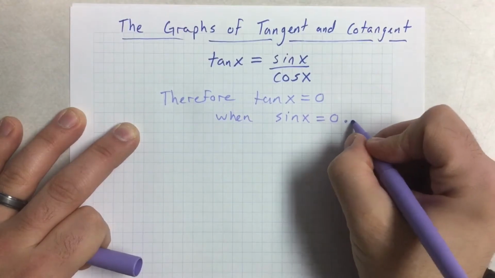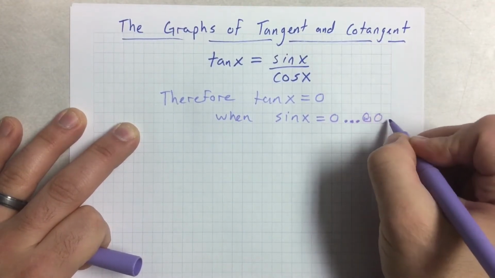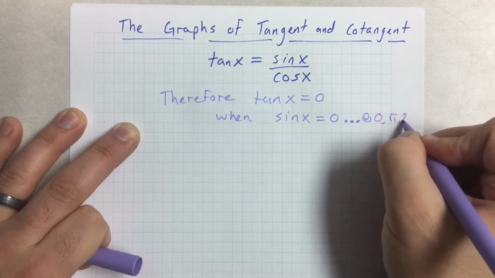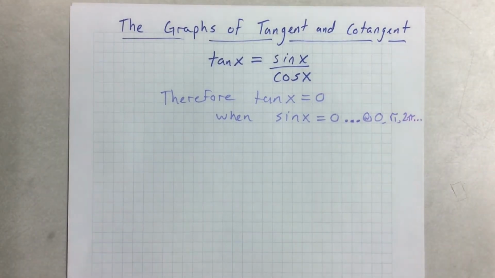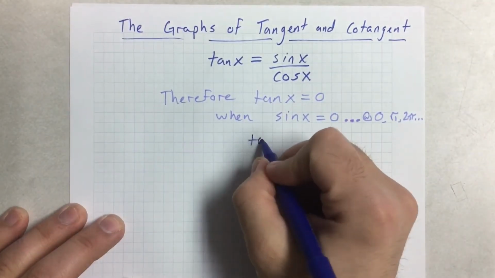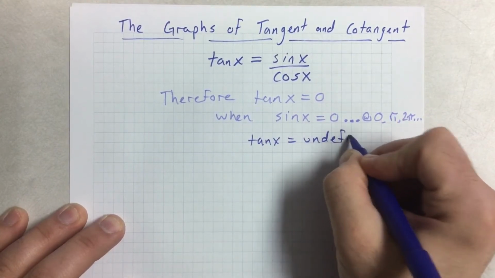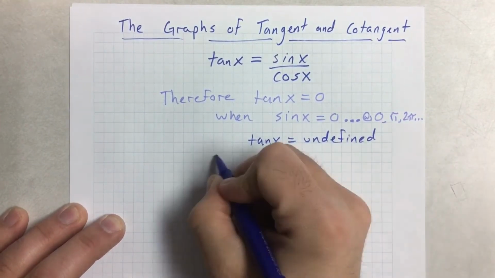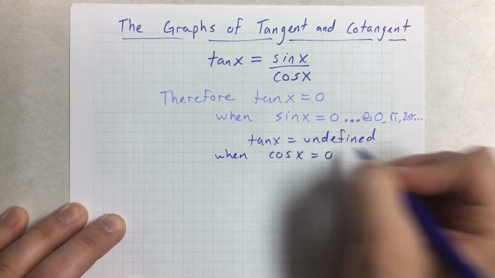So from our unit circle, we know that this is at 0, pi, 2 pi, and so on. And also from this understanding, we could say that tangent of x is going to be undefined when cosine of x equals 0.